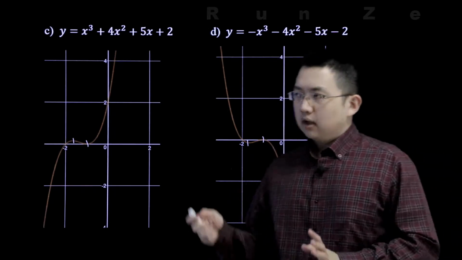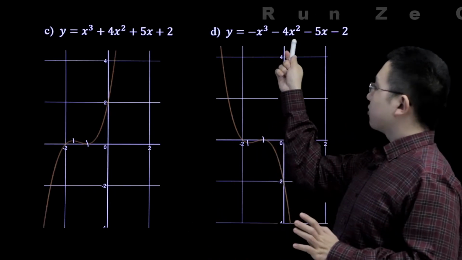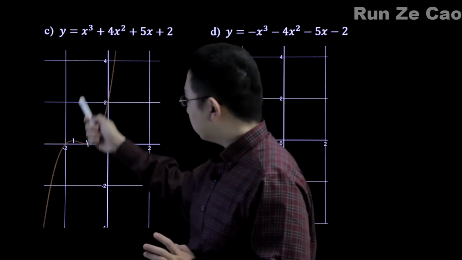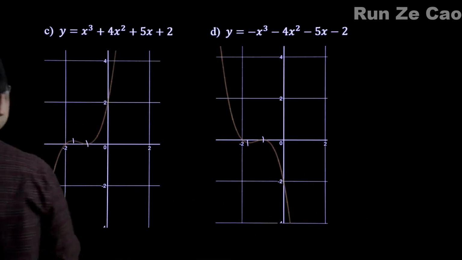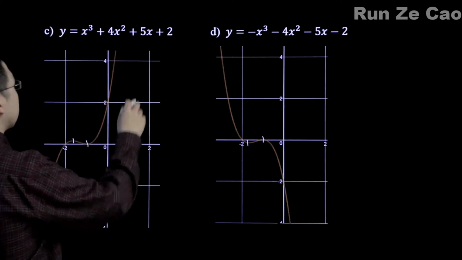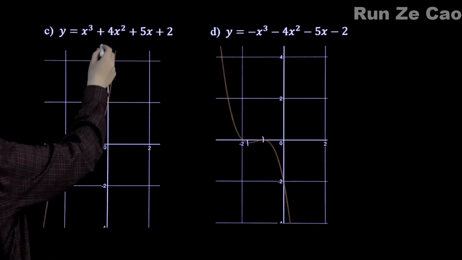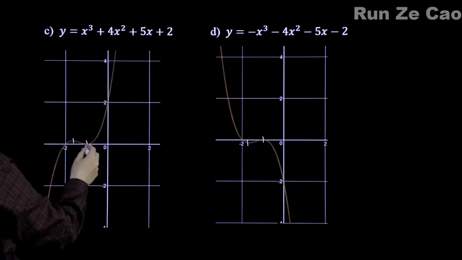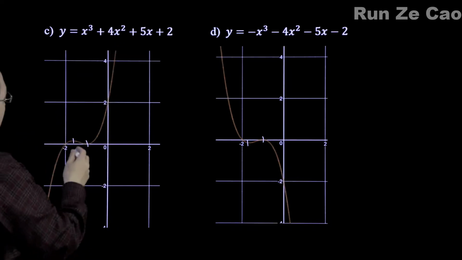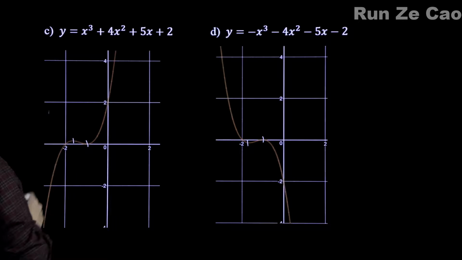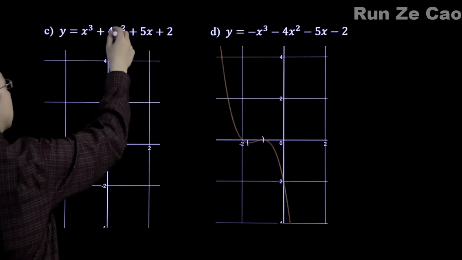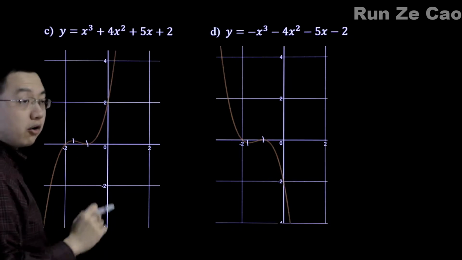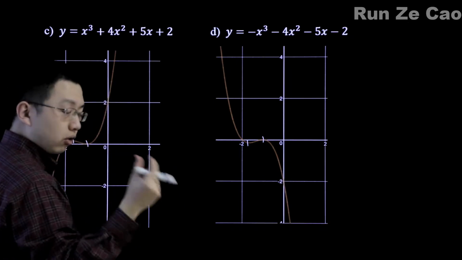Now, how do these smaller degree terms interact with the highest degree term to produce this particular shape instead of just being an x to the third? Well, it's because we have this coefficient here that magnifies the impact of the even power, while the actual numbers involved are relatively small in magnitude.